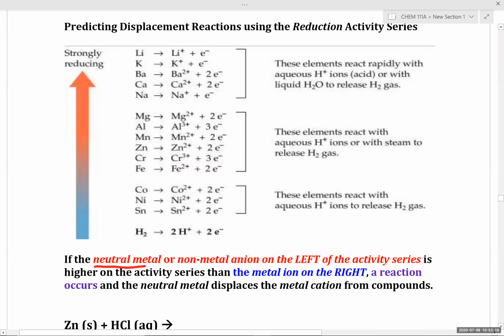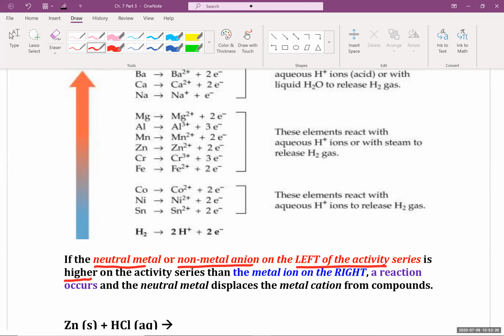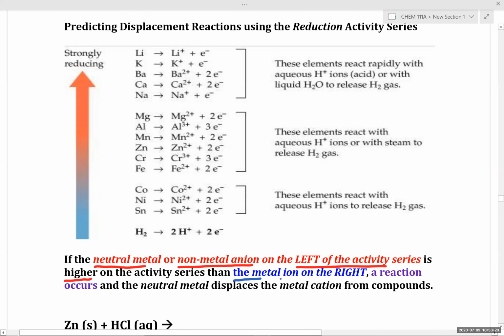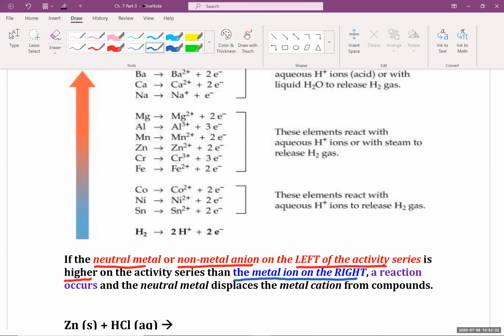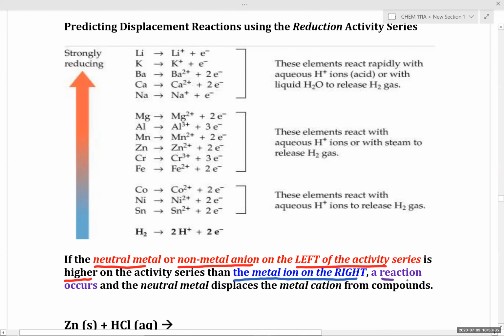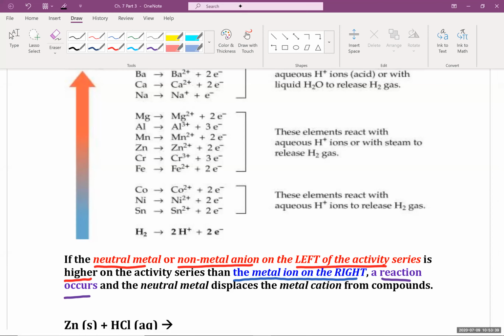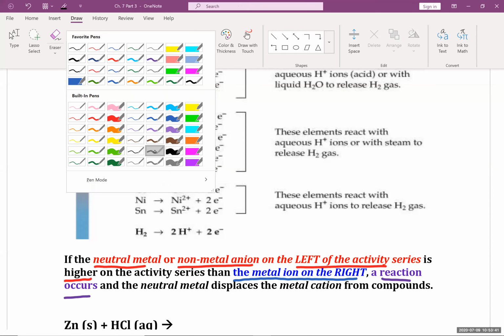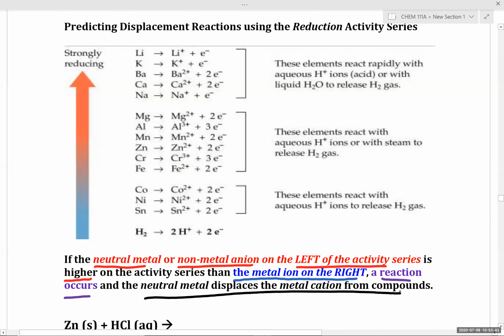If the neutral metal or non-metal anion on the left of the activity series is higher on the activity series than the metal ion on the right, then a reaction occurs and the neutral metal will displace the metal ion from the compound.